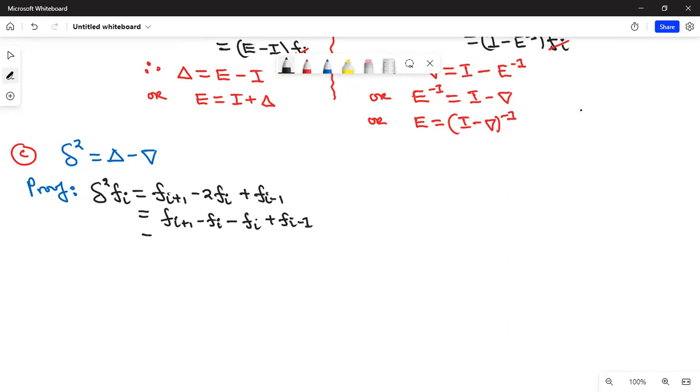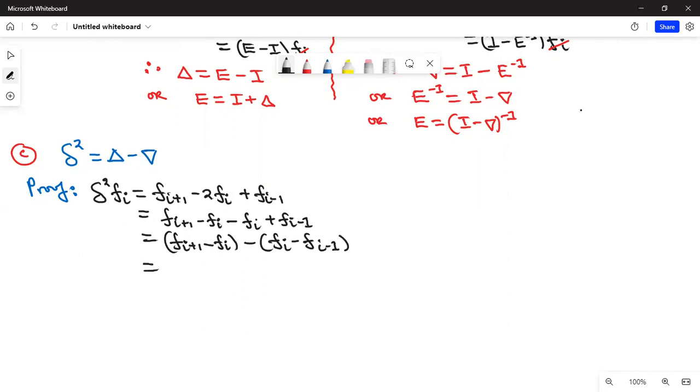So when I introduce the bracket, I'm going to have Fi plus 1 minus Fi is a bracket, then minus Fi minus Fi minus 1, another bracket.